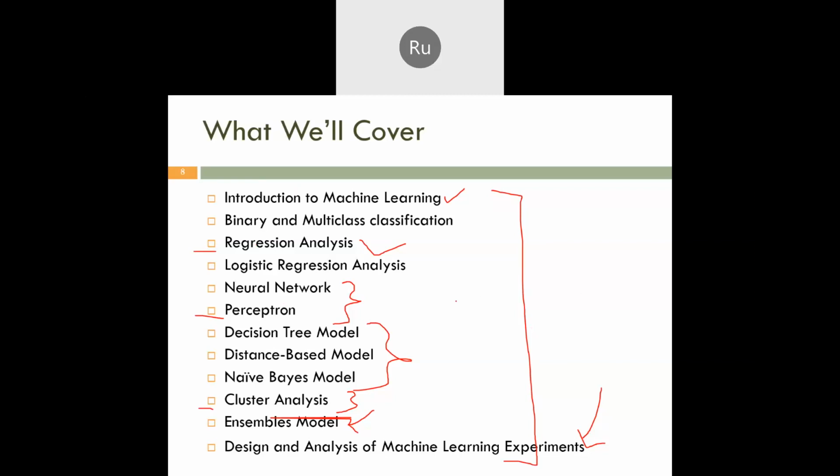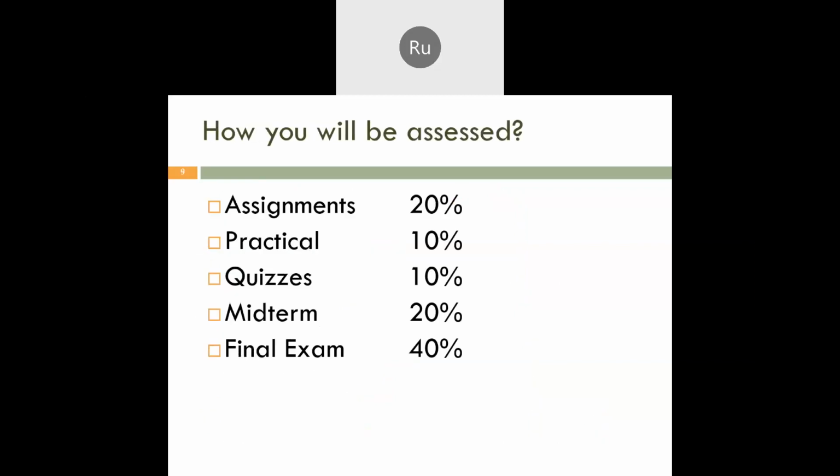Okay, so this is the content that we will cover in this course, and this is how we assess you. Assignment 20%, practical, quizzes, midterm, and final exam. This 40% should be in your hand, meaning that you have all the time to complete the practical, the assignment, and the quizzes should be straightforward.